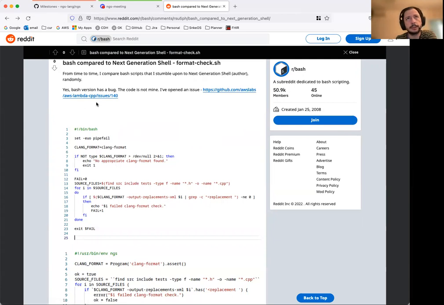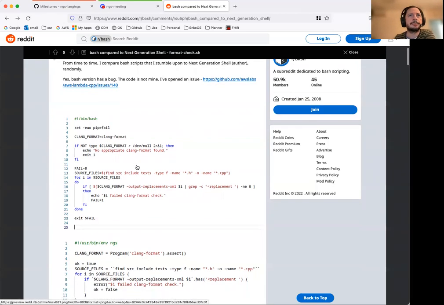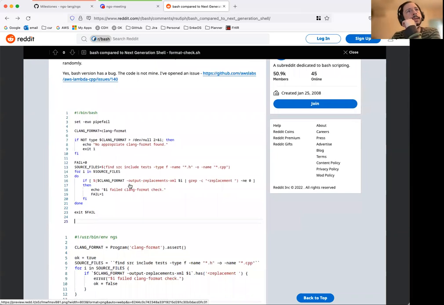I looked at other AWS Labs Lambda repositories, how they do stuff, and I found a script which does some shell formatting check or something like that.